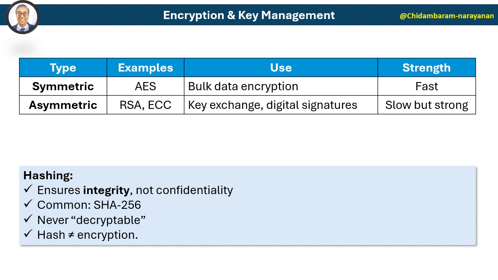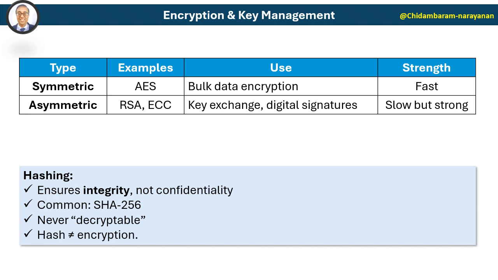Other symmetric algorithms we might hear about are 3DES, or triple DES, which applies DES 3 times. Again, this is all phased out. Then there is Blowfish or Twofish, again old algorithms, no longer used. ChaCha20 is another. This is used in some protocols, but the standard has now become AES 256.